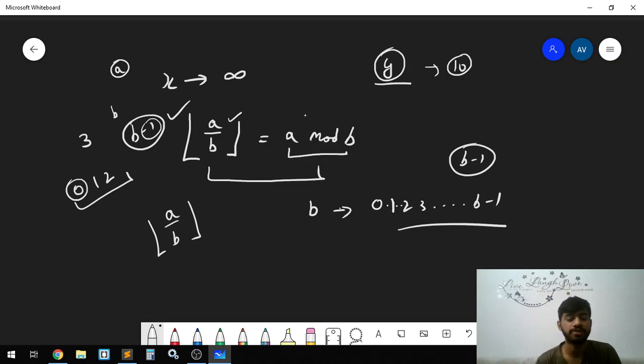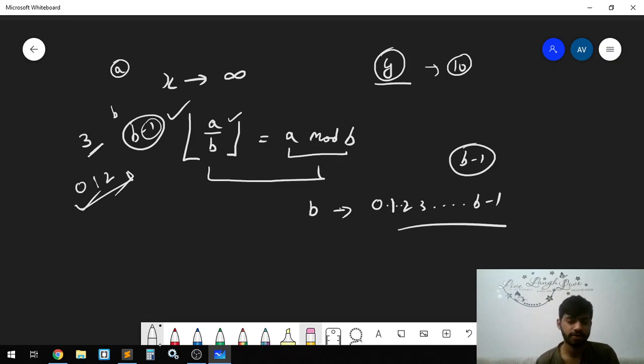For example, let us take 3 by 3. Okay, so why am I subtracting 1? Because b is 3 and we will get 3 elements between it.